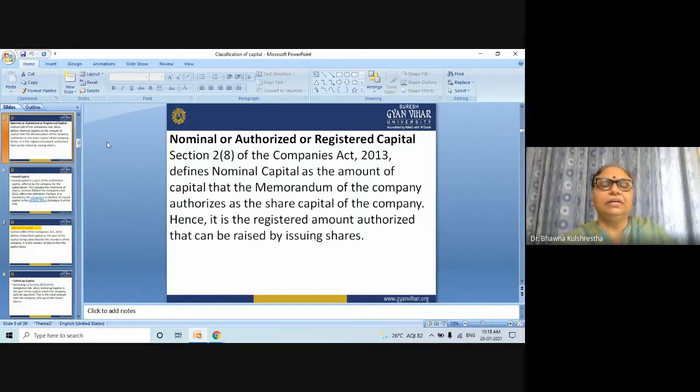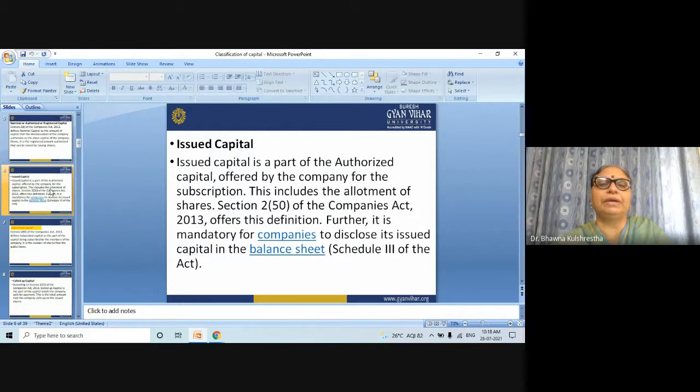And the next is issued capital. Issued capital is a part of the authorized capital offered by the company for subscription. This includes the allotment of shares.